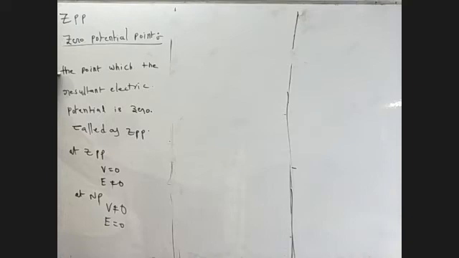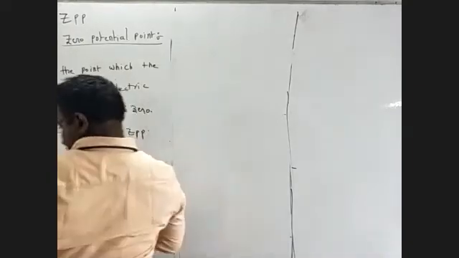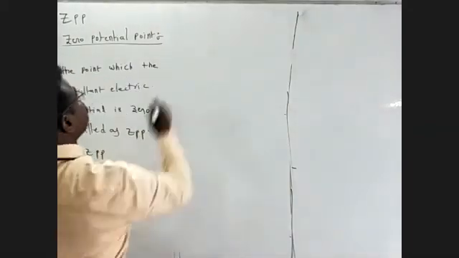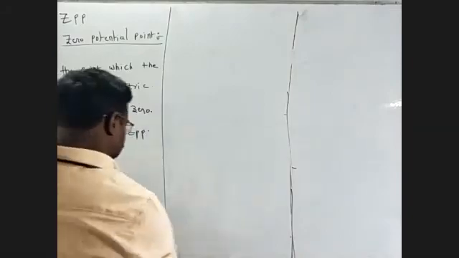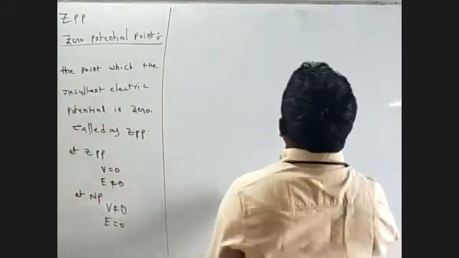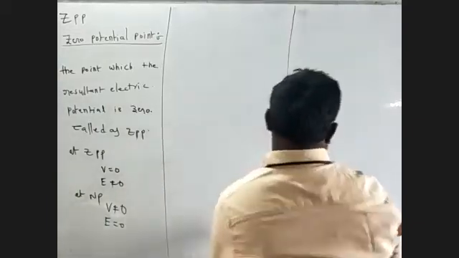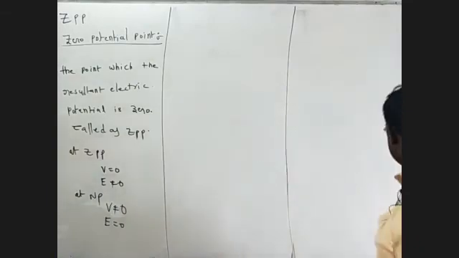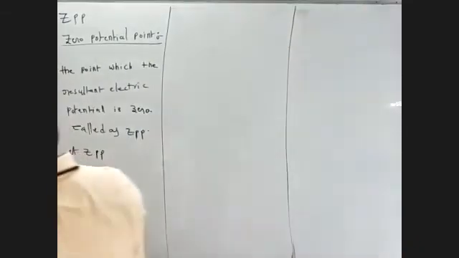At the NP, V is not equal to 0, E is equal to 0.